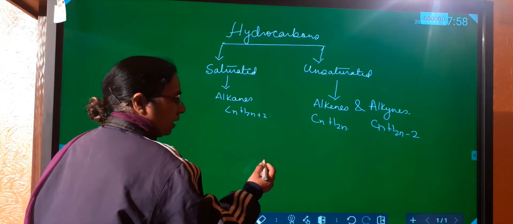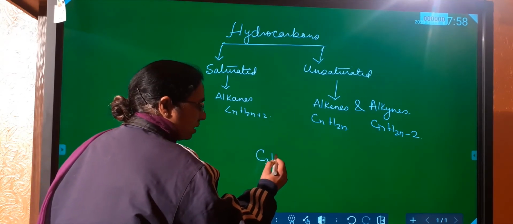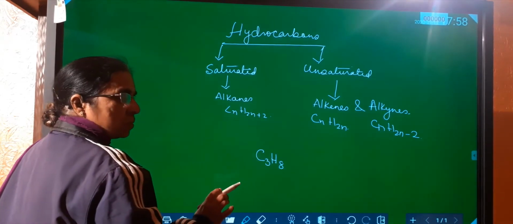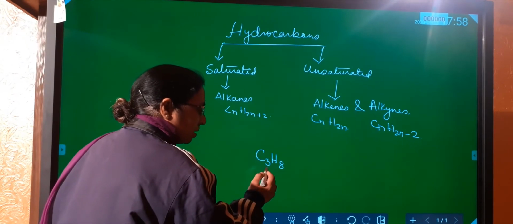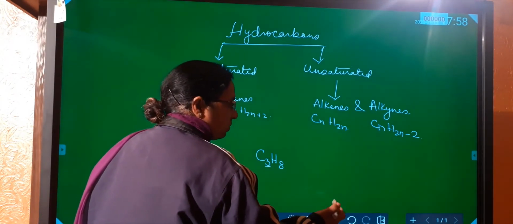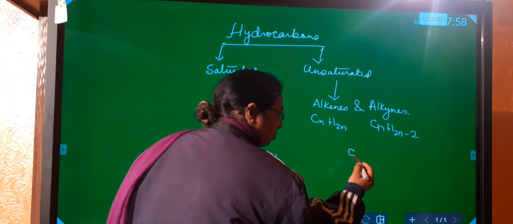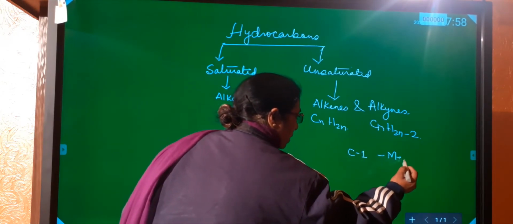If you are given any compound, say C3H8, and I am asked to write its name, the first thing you should do is see that the number of carbon is 3. We will be coming to the nomenclature. When the number of carbon is 1, we call it meth.